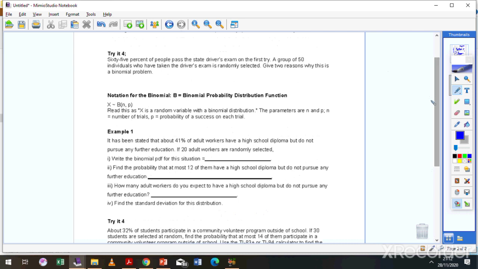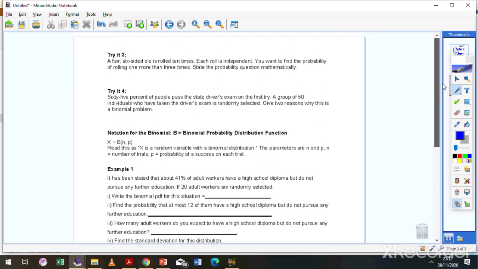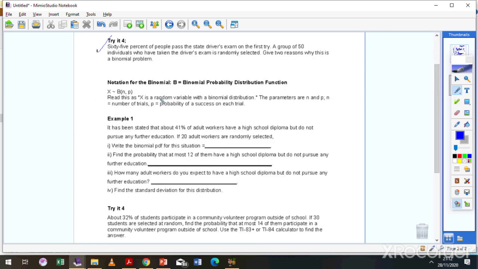Let's see if there's something here that you might need help on. Find the probability that at most 12 of them. Okay. Notation for binomial distribution. So you can do this one and this one. Let's look at the notation. The notation for a binomial distribution, or the probability distribution function for a binomial distribution, is simply stated like this: that X is a binomial distribution with n trials and p as the probability of success.